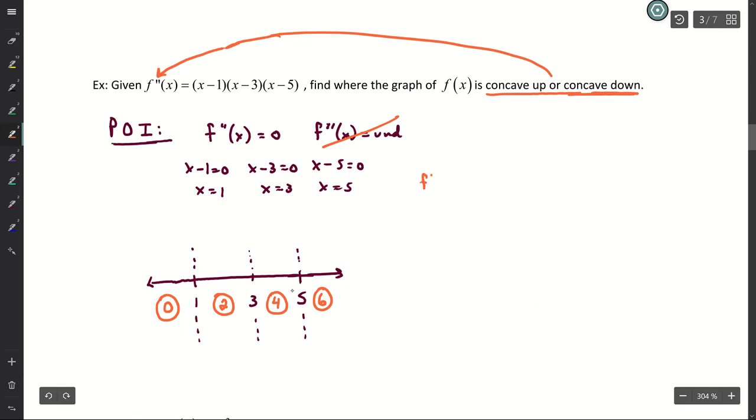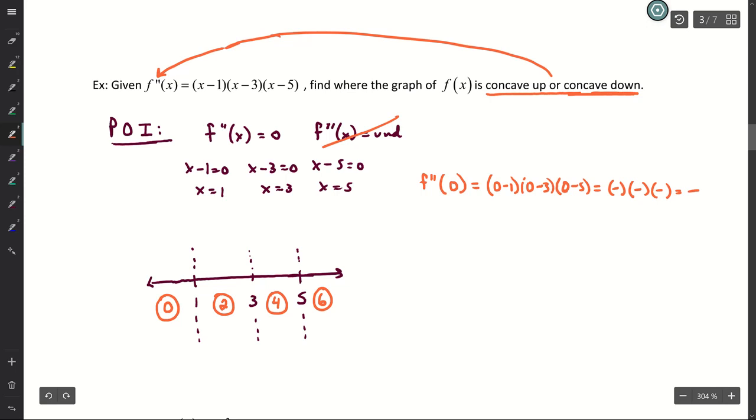So I'm going to evaluate the second derivative at 0. And all I care about here is the sign. So if I do 0 minus 1, 0 minus 3, 0 minus 5, that'll give me 3 negatives all being multiplied together. 3 negatives being multiplied is going to result in negative.